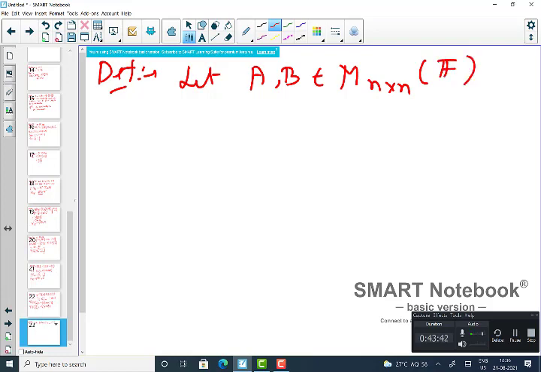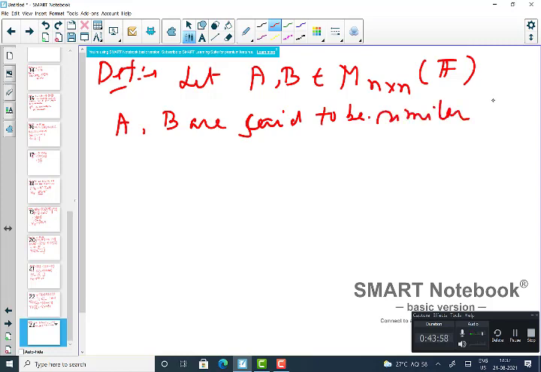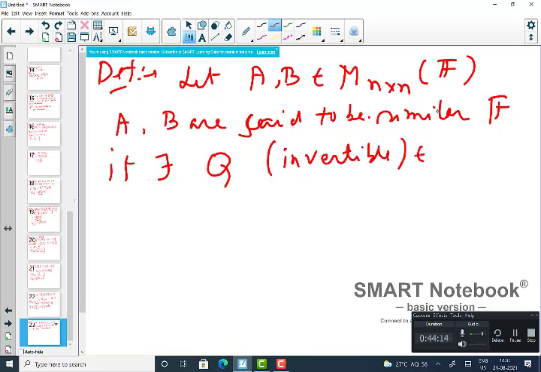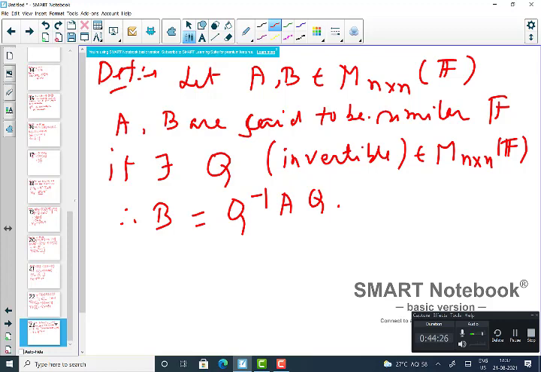Then A and B are said to be similar over the same field, if there exists a matrix Q, invertible, of that same order, such that B equals Q inverse A Q. In this case, we will say that A and B are similar matrices.